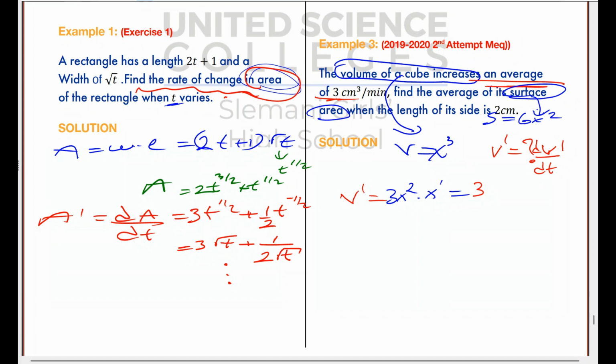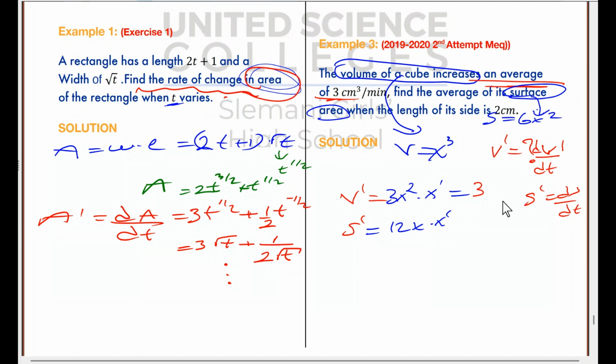We are asked to find the average of its surface area, meaning the derivative of surface area. The derivative of surface area is ds over dt, right? So take its derivative. The derivative of 6x squared: 2 comes down in front, 2 times 6, 12, x multiplied by x prime, dx over dt.